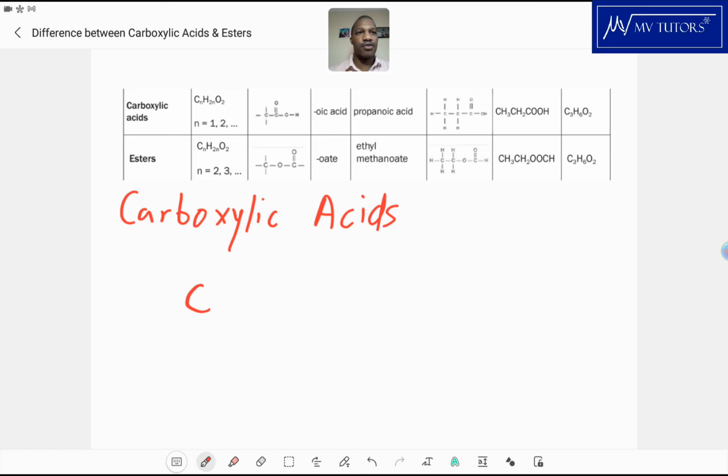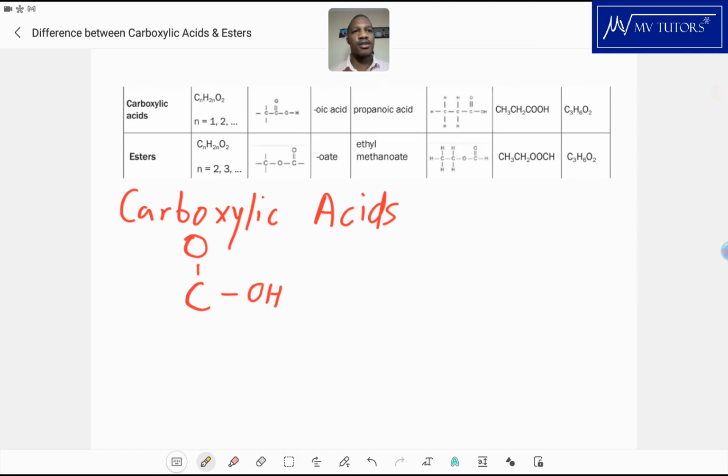So the functional group of this one is just a C, and then you will have an OH over there, and then you will have an O over there. Okay, that's it. That's the functional group.